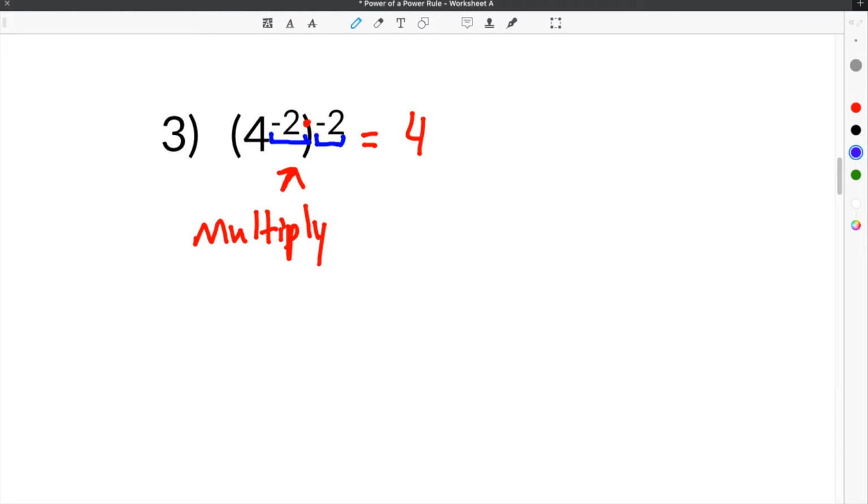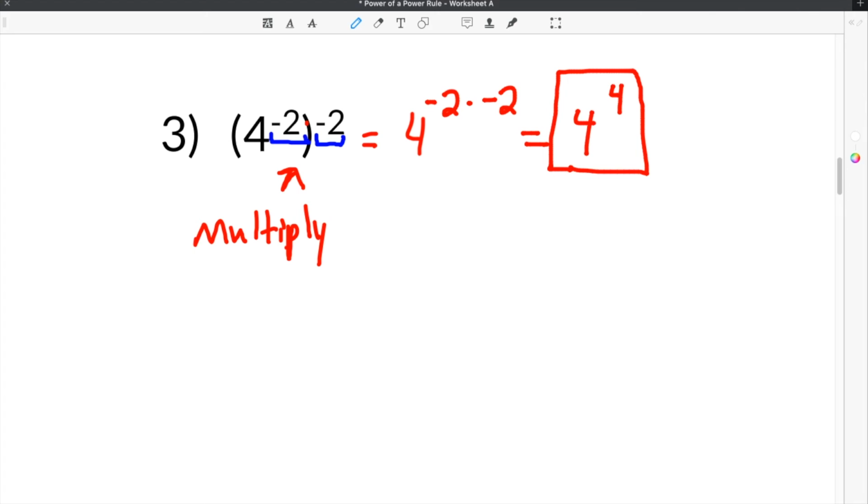Now the only trick when you have negative exponents is that you must include the negative when you multiply the exponents together. So we will do negative 2 times negative 2. And when we do negative 2 times negative 2, you will get a positive 4. So the solution is 4 to the positive 4th power.